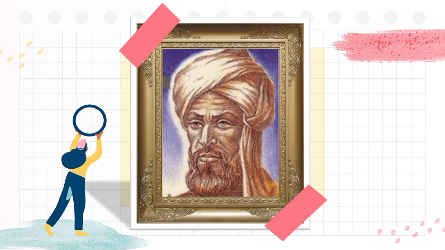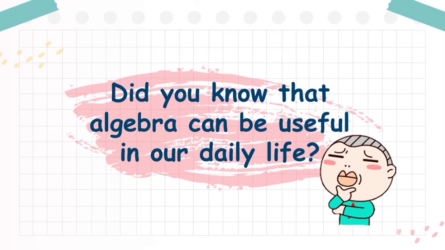Al-Khwarizmi is known as the father of algebra, but the nickname was also given to Diophantus, a scientist from ancient Greece. So now we know one of the influential figures of algebra. Alright. Then we will enter the material.